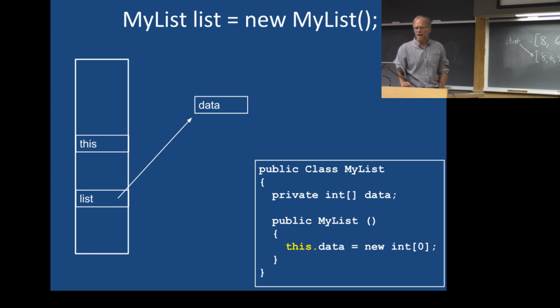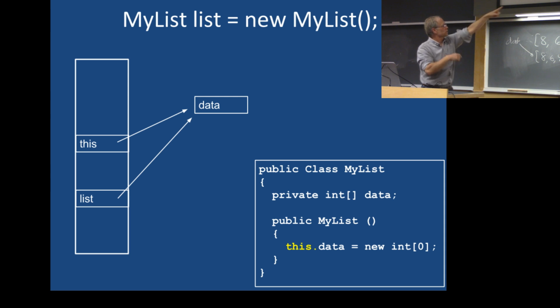And so I denote it that way. As the constructor is being called, there'll be a variable called this that the constructor can access, and it will refer to that object right there. So as the constructor is running, it needs to know what this is. It looks in its stack frame and sees, it's that object over there.